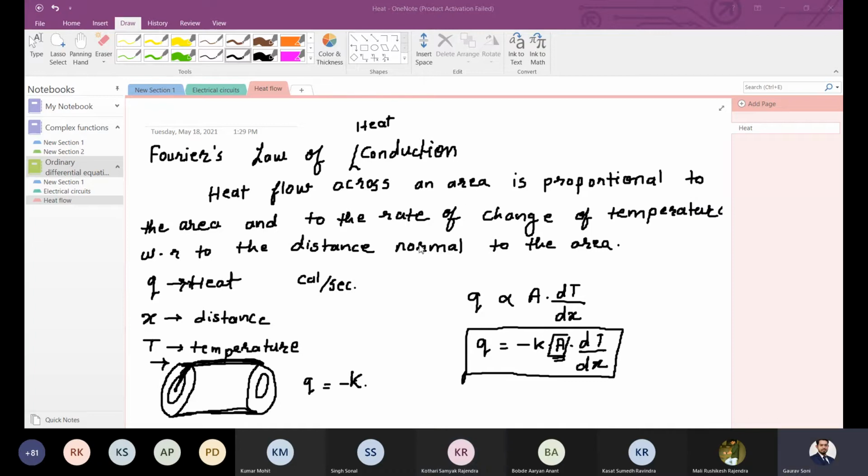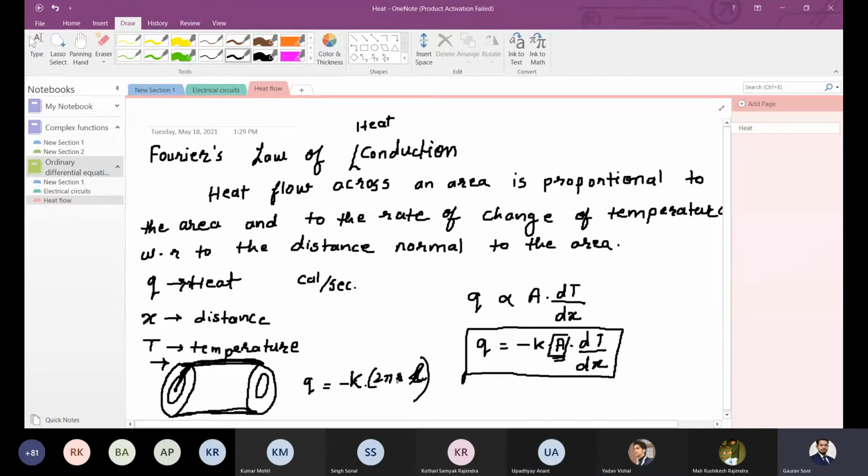Pi r L, or 2 pi r L? Sir, cross-sectional area will be pi r square, but the curved surface area is 2 pi r L, right?